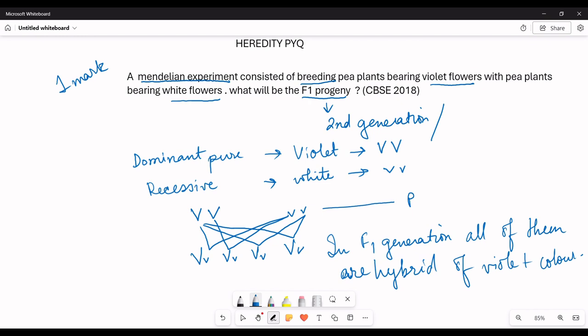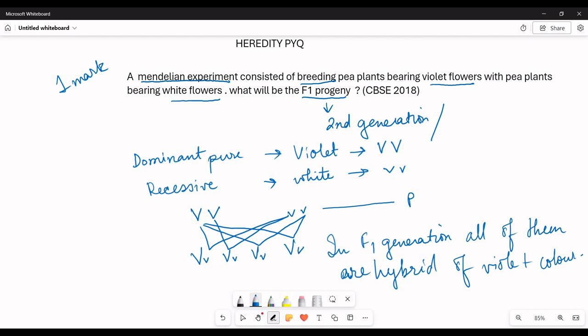Now what do you have to write? You have to write that in the Mendelian experiment, the parents are dominant pure violet, VV, and recessive white, small v, small v. Then you have to show the cross, and then you have to write that in the F1 generation all of them are hybrid and of violet color. Am I clear? This came in CBSE 2018.